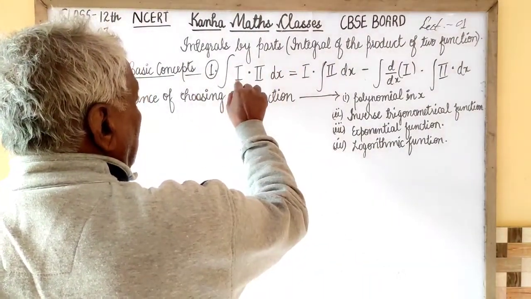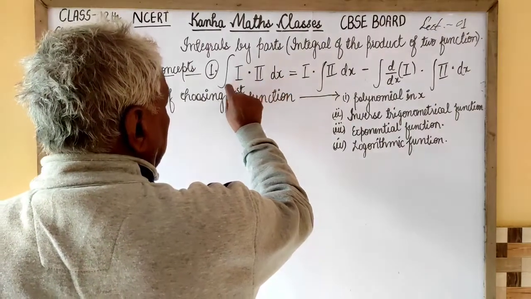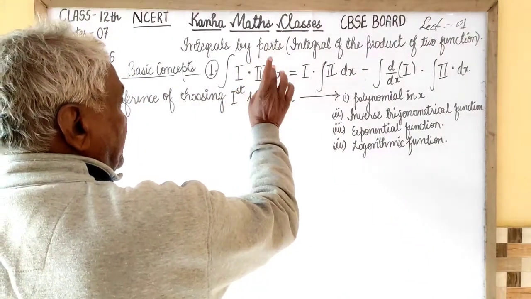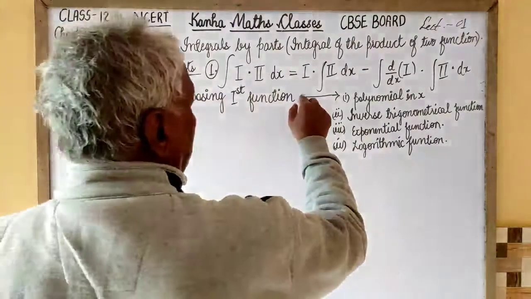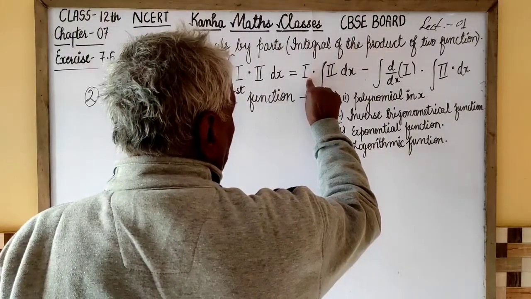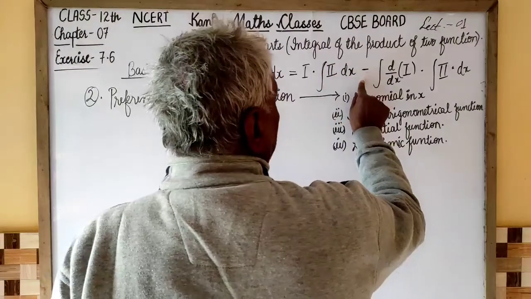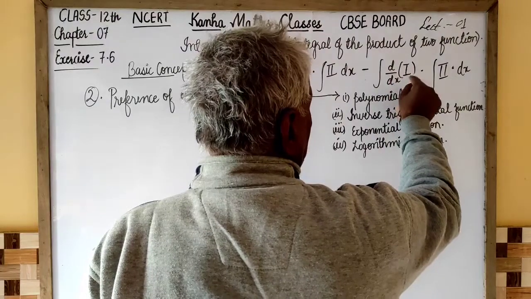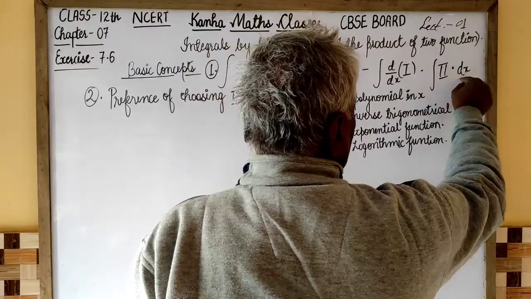Integral of the product of first function into second function dx is, by virtue of the formula, equal to first function into integral of second function minus integral of differential of first, d dx of first, into integral of second function.